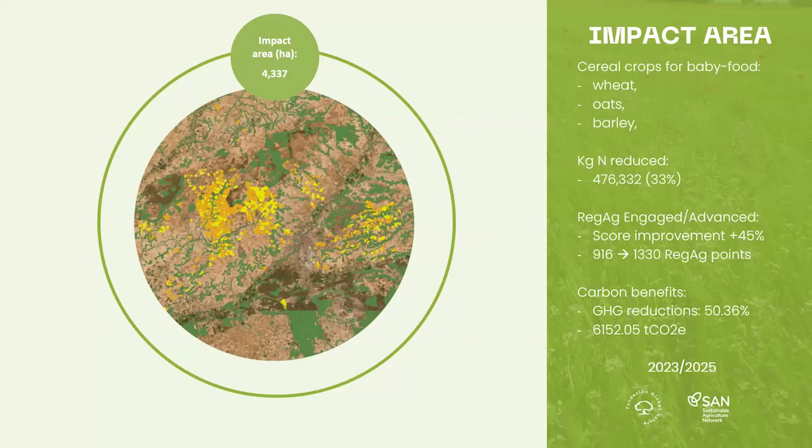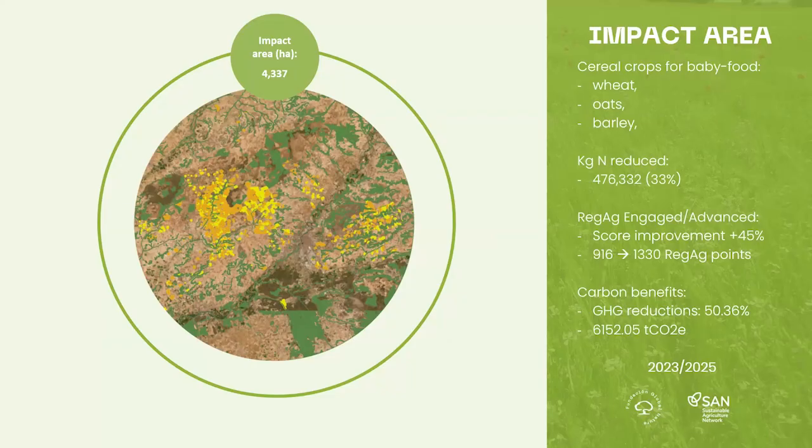Those are the cereals, although we have in the rotation legumes and oilseeds as well. We very much work on the cereal plots. So from the 6,500 hectares, we go to 4,337 hectares in which we have the possibility to impact directly this year. And in those hectares, we implement a regenerative agriculture project in cereals for baby food consumption.